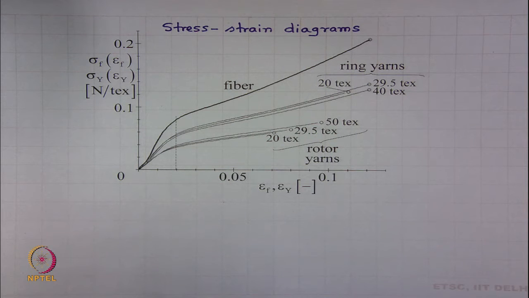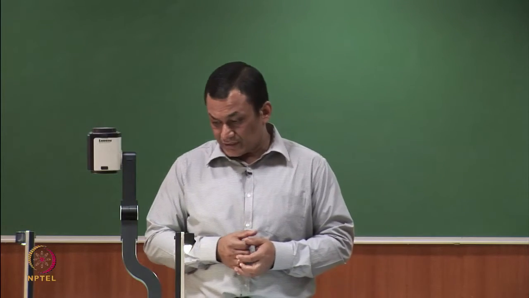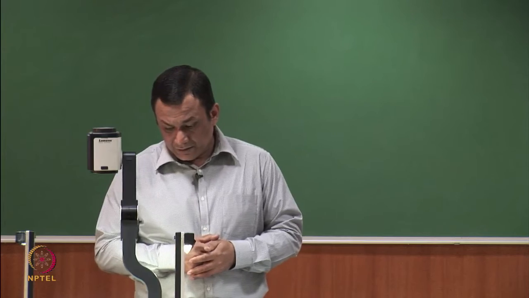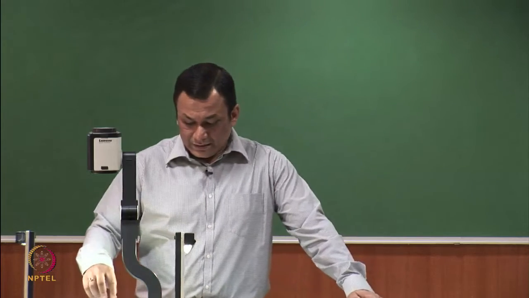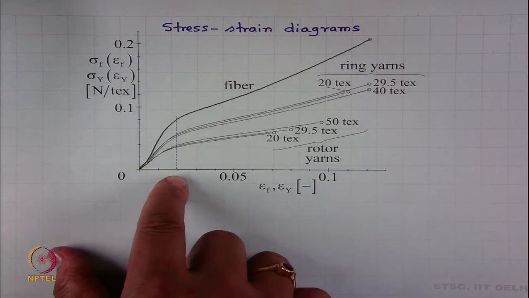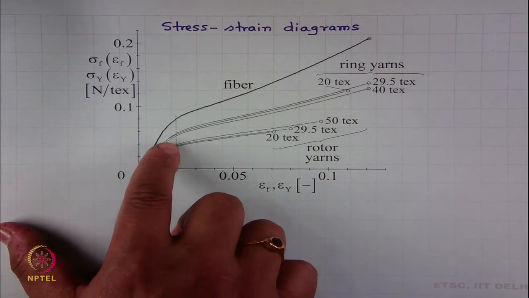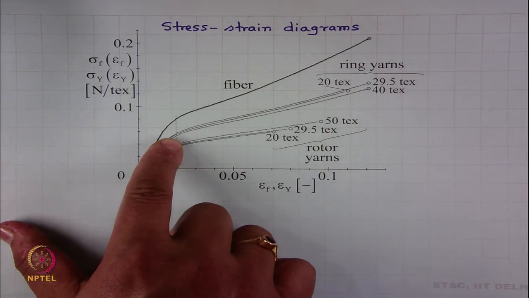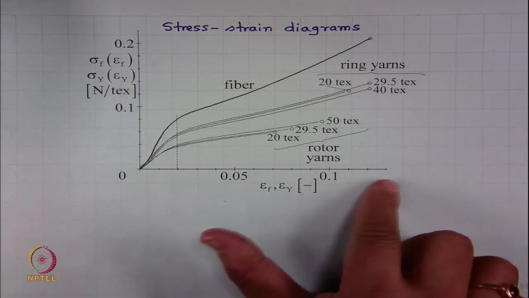And what more we can see from this graph is that obviously ring yarns are exhibiting better tensile characteristics than the rotor yarns. Well, further we can observe that at a given fiber or yarn strain, the difference between fiber stress and yarn stress is not the same for different levels of strain.